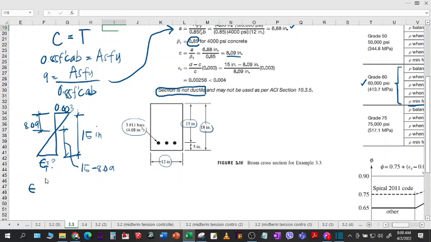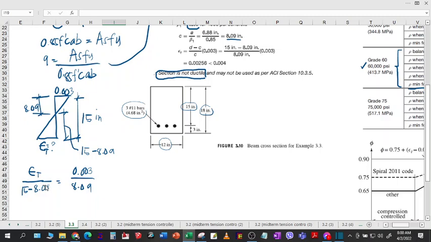Using ratio and proportion, epsilon t over 15 minus 8.09, using this small triangle here, and we can compare it to this triangle above, we have 0.003 over 8.09.